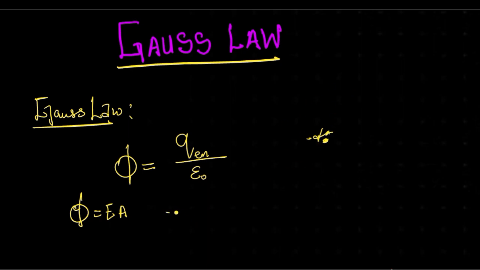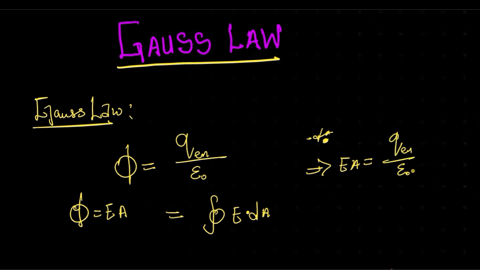So that means that this is equal to the integral over the enclosed surface of E dot dA, right? Are you getting it now? So from here we can equate. That implies that E times A is equal to Q enclosed all over the permittivity. Are we getting it now?